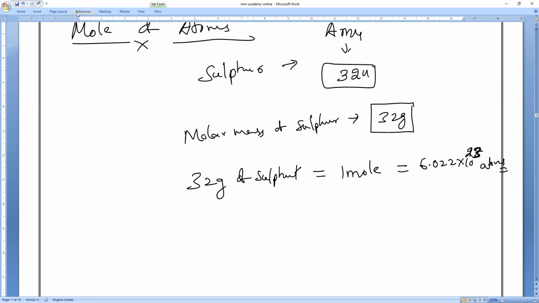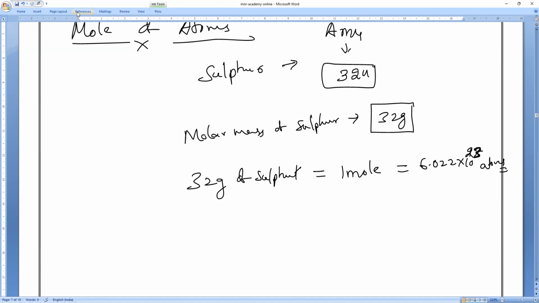Sir, how did you find that sulfur is 32 u? Sulfur atomic mass is 32. What is the atomic number of sulfur?